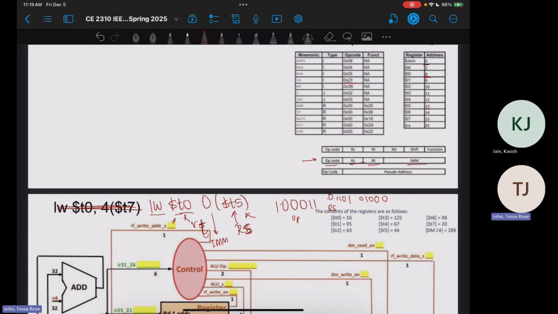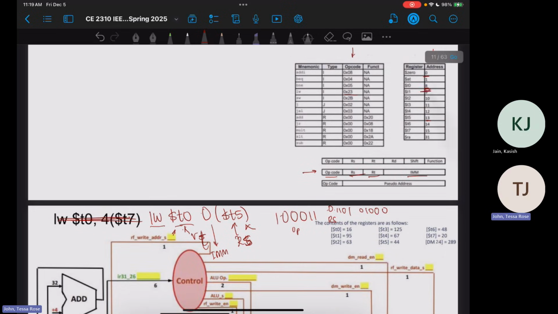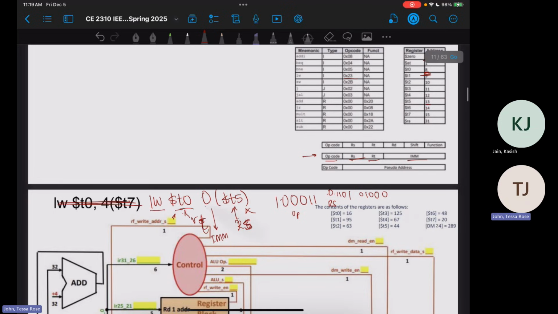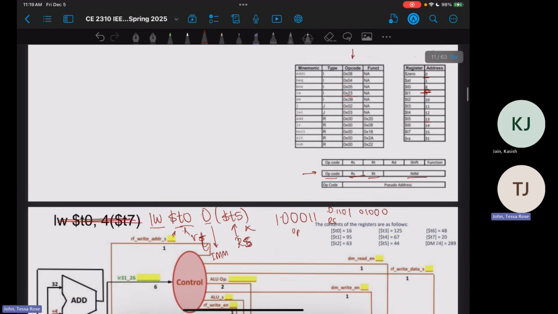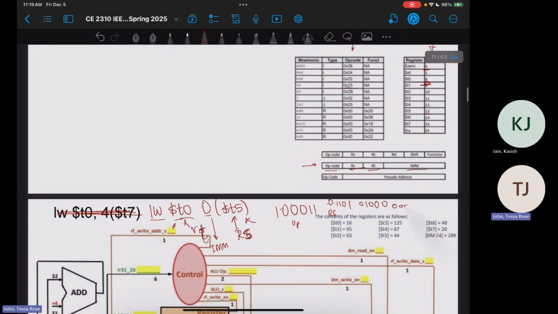And these are all the numbers in binary. I just get the number from the register, the address, and I write the address in binary. That's how we get it. And our IMM is just 0, so that's just 16 bits of zeros.